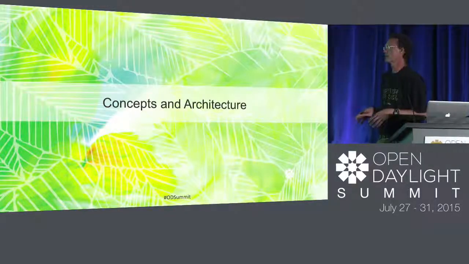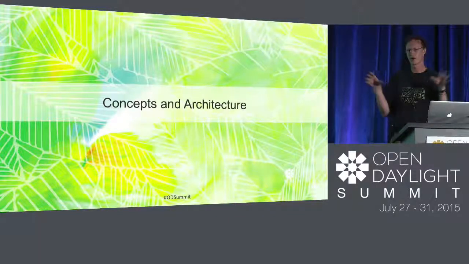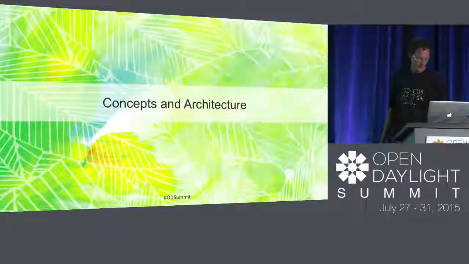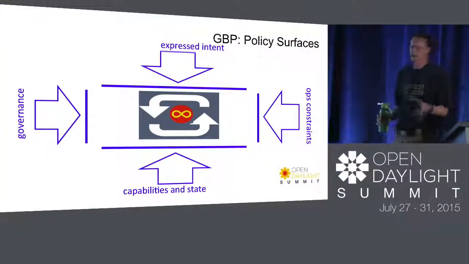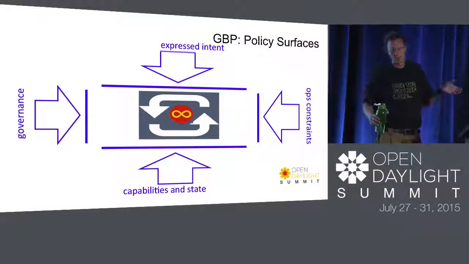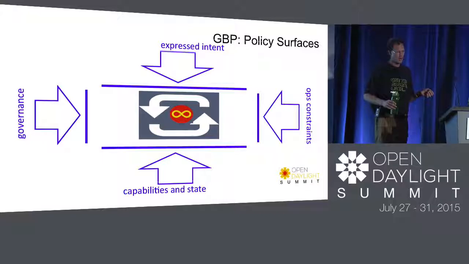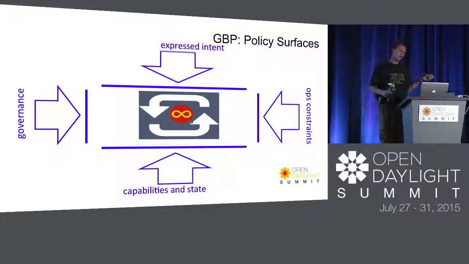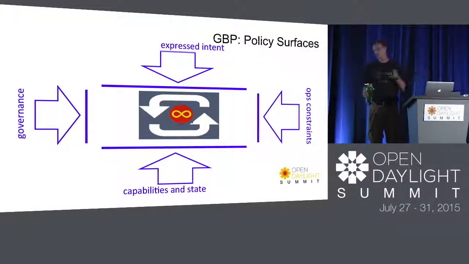So in terms of concepts, I thought I'd go a little bit over group-based policy at a very high kind of philosophical level about what we're trying to achieve and how we're getting there. So when we think about policy or intent or whatever it is that you want to call it, right, declarative type interfaces or declarative systems, we think of it in terms of policy surfaces, right? So on the top surface, you have the expression of that intent, whether it be via API or a mapping, it's how you interact with the system.